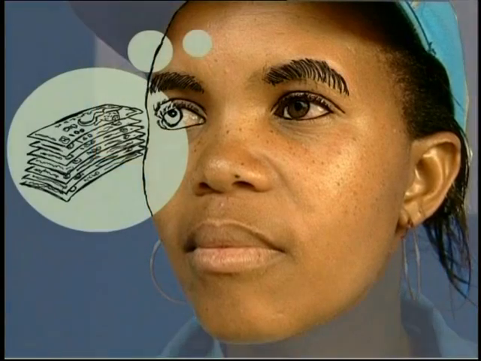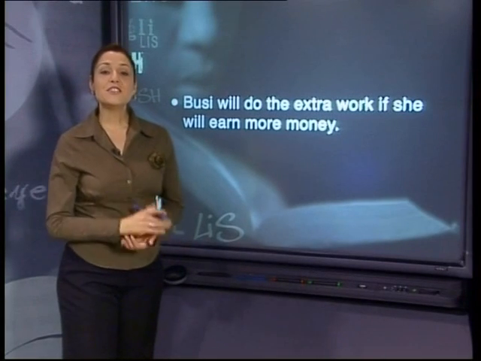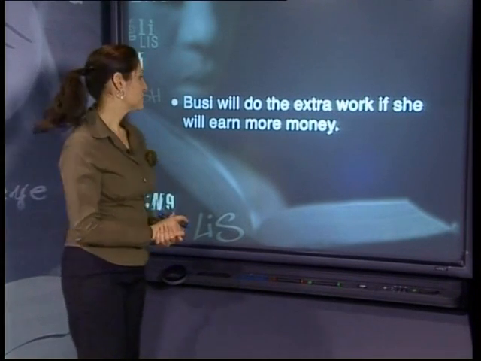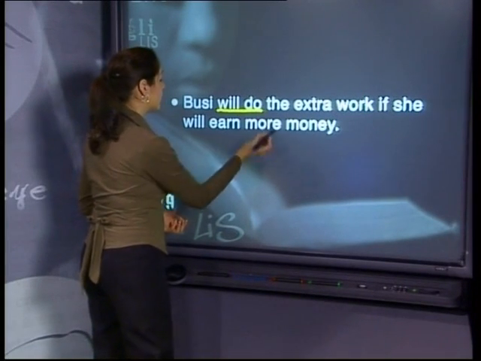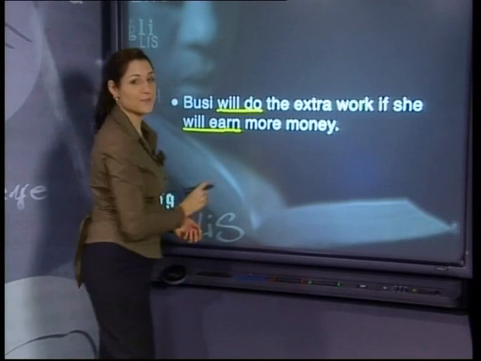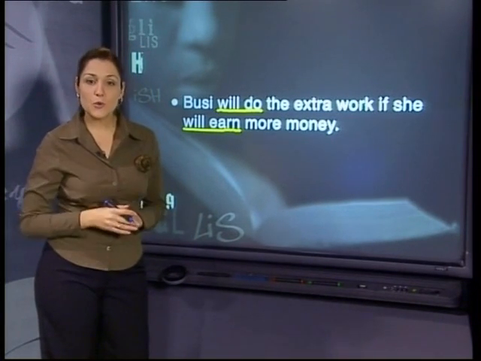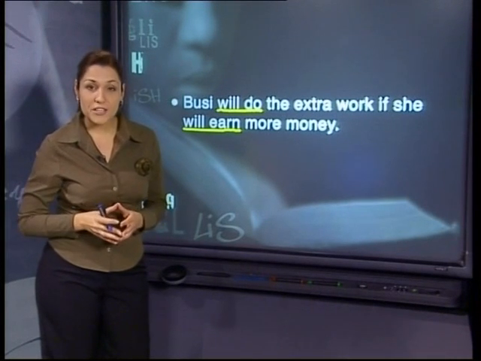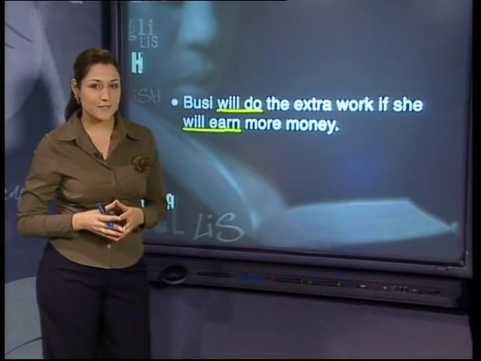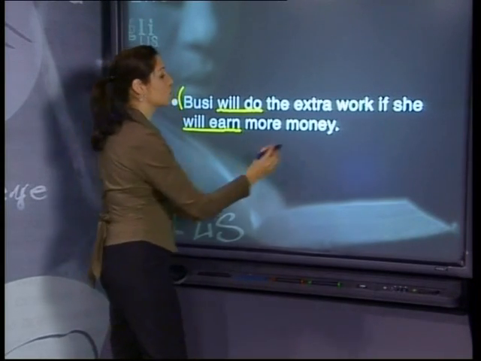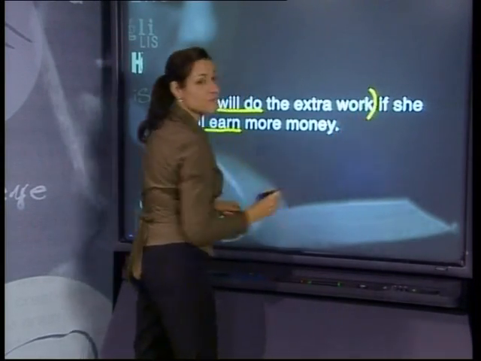Here is the sentence. Boosie will do the extra work if she will earn more money. We need to look for the finite verbs, and now they are really easy to find. Will do and will earn. There are two finite verbs, and that means two clauses. Now, which is the main clause? That's not hard. The main clause is Boosie will do the extra work.